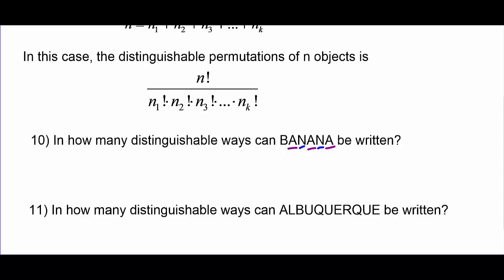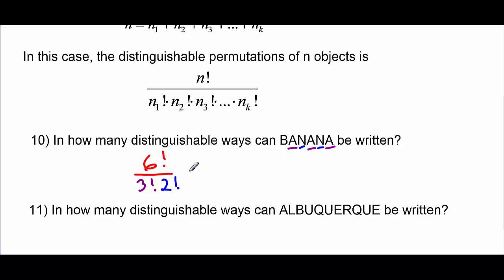All right, so let's do this with the word banana. You can see I've underlined some repetitious letters. I know that the word banana has a total of 6 letters, so I'm going to put 6 factorial in the numerator. In the denominator, we have 3 a's and 2 n's, so I'm going to put 3 factorial and 2 factorial.